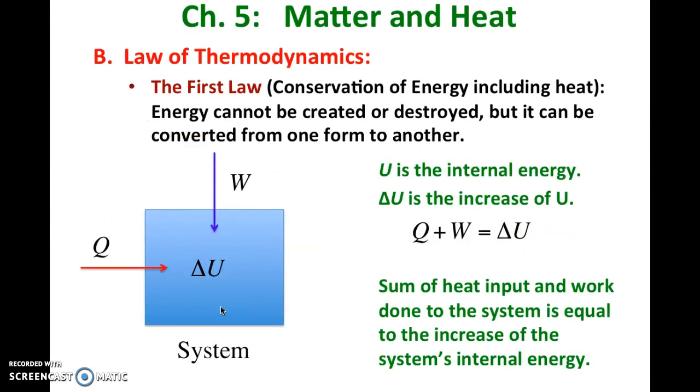The first law of thermodynamics is the law of conservation of energy, including heat. Energy cannot be created or destroyed, but it can be converted from one form to another. According to this law, heat added to the system plus work done to the system is equal to the increase of the system's internal energy.